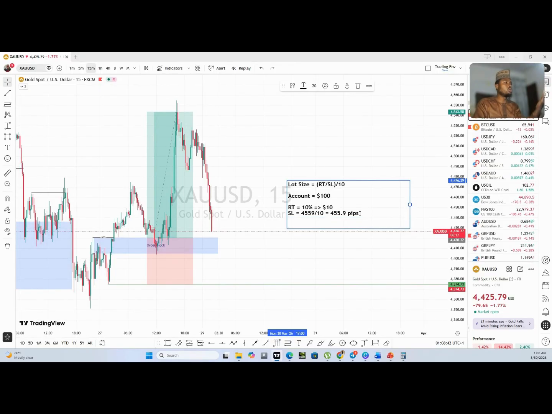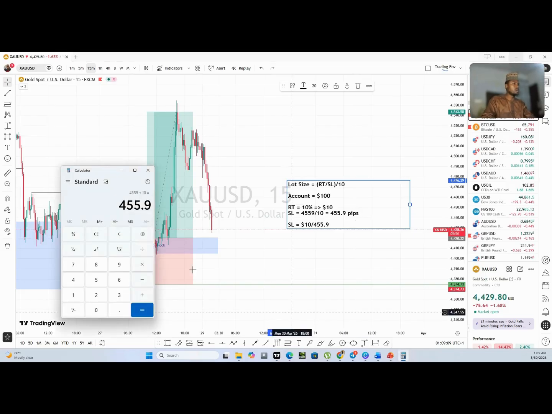So how are we going to do our calculation in this manner? Our risk is our beloved $10, divided by 4559, right?